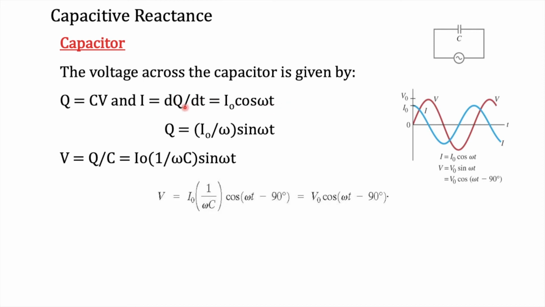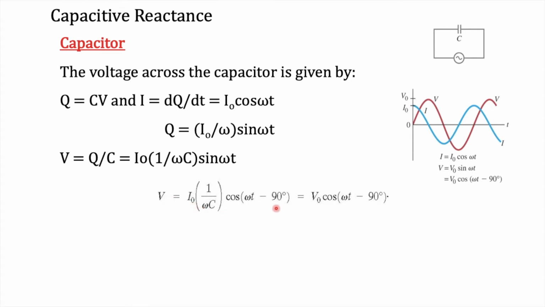The integration: dq equals I naught cosine omega t times dt. Once you integrate, I get q equals I naught divided by omega, sine omega t. So that's the charge on the capacitor. Now from here, V equals Q divided by the capacitance. Replace Q by this term, I get V, the voltage across the capacitor.